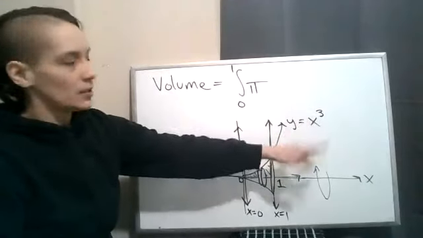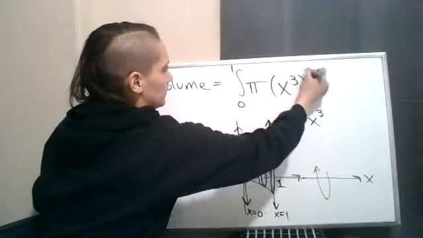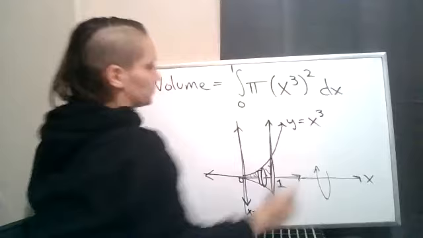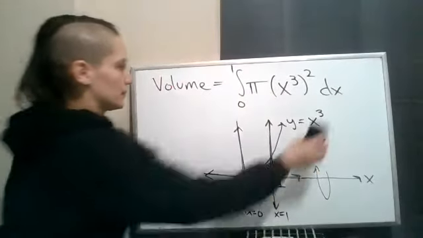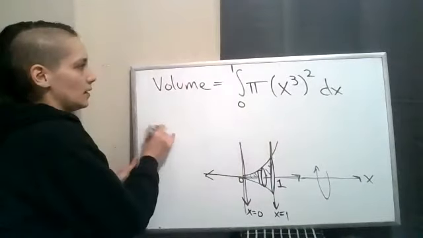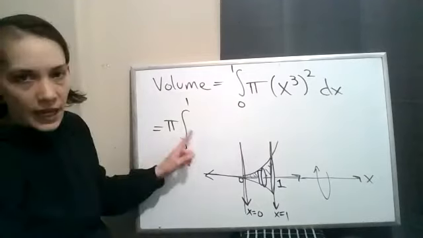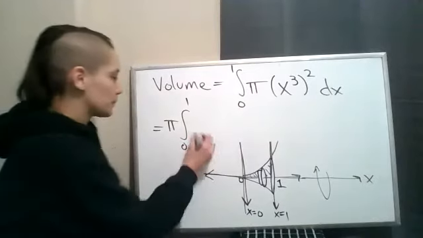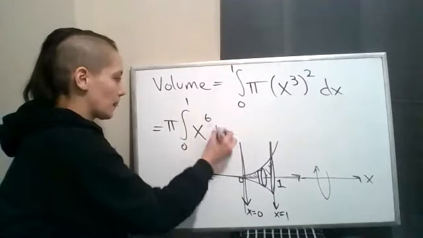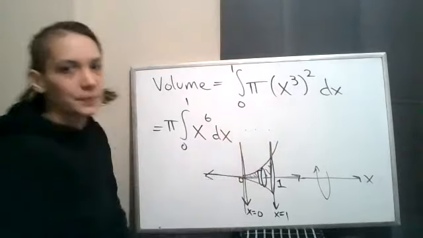So x cubed and then squared, dx. So pi, integrate from 0 to 1, and then x to the 6th dx. The rest is for you.